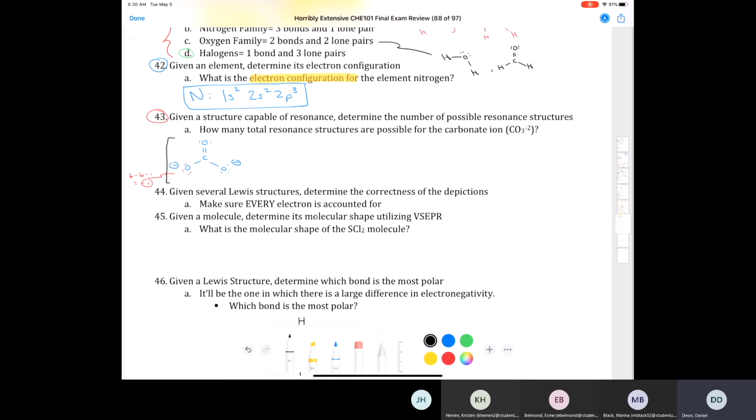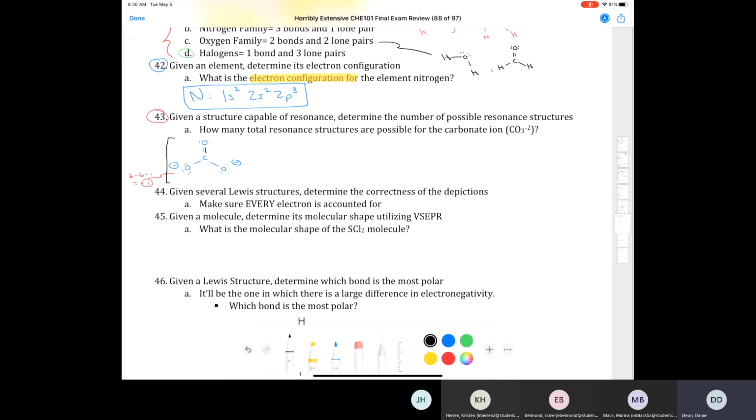In fact, this structure that I have written here does not accurately describe the reality of what a carbonate ion looks like, because that double bond that I have drawn here, this pi bond, is not localized between that carbon and that oxygen.